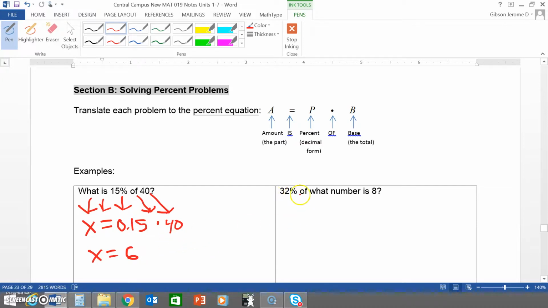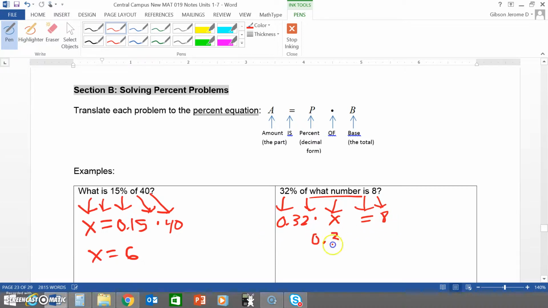Now, we go on to the next problem. 32% of what number is 8? So we will change this to a decimal, 0.32. Of means multiplication. Now instead of just what, it'll be what number. What and what number is basically the same. That'll be x. Is means equal. And 8 means 8.